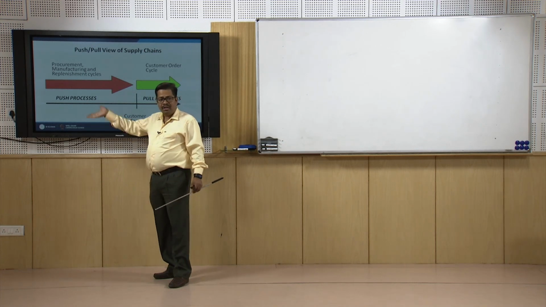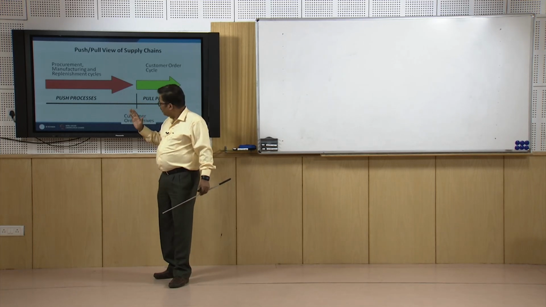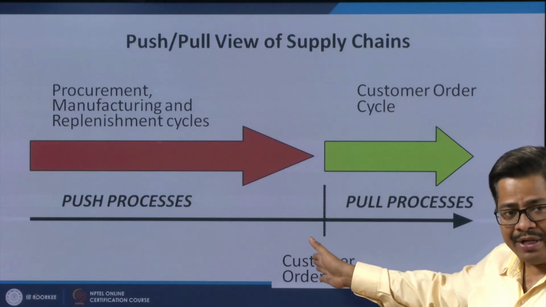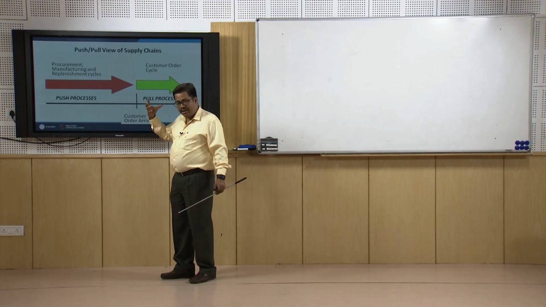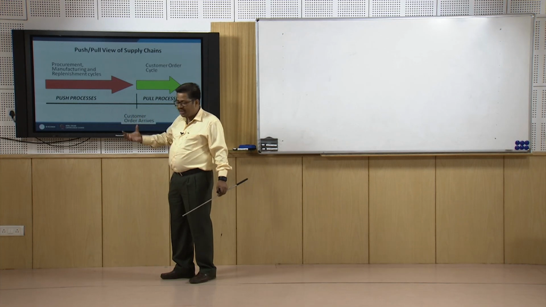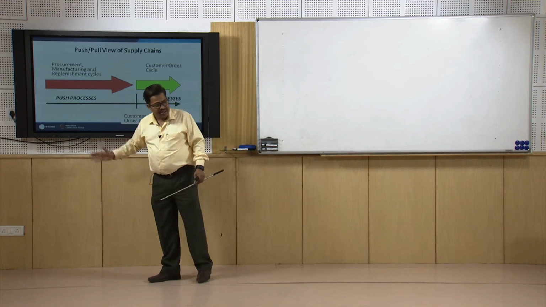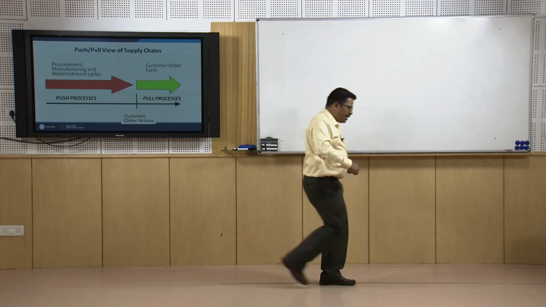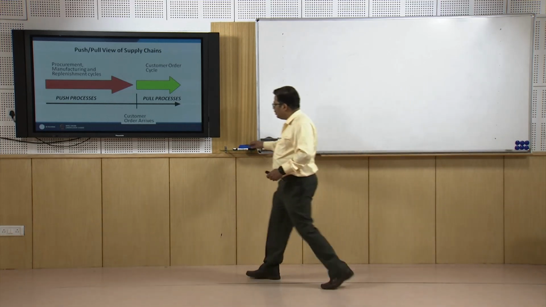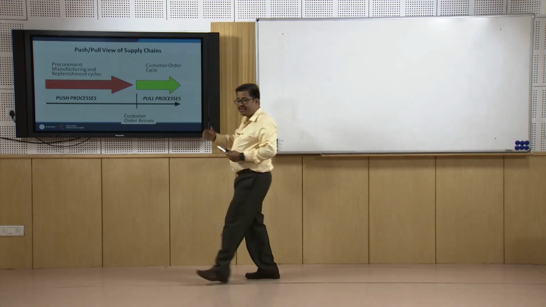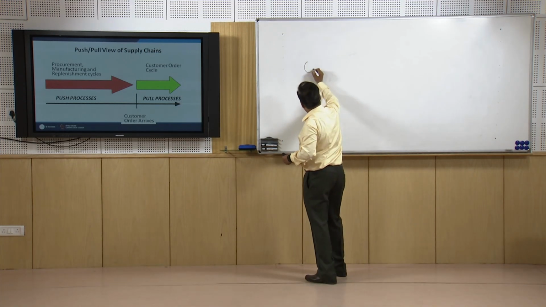In the old age system, in a supply chain, we always used to have a static push pull boundary, but nowadays, because we are more into real time data driven decision making, it is quite possible that the boundary of push and pull processes may shift. So we will see with the help of an example how this boundary may shift with the help of new data which may become available to us over a period of time.